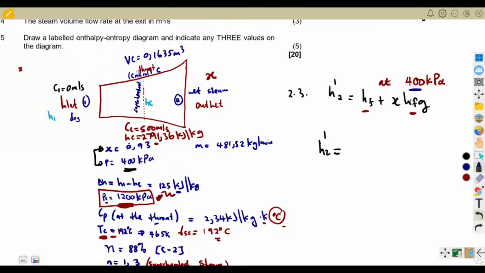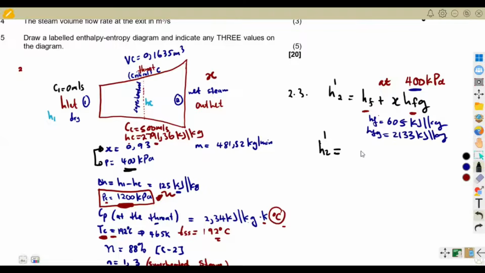So I'm saying that at 400 kilopascal, our HF was what? 605. All right, we might need this value. So let me just write it. 605 kilojoule per kg. Then HFG there was 2133 kilojoule per kg also. So here we're just inserting our values.